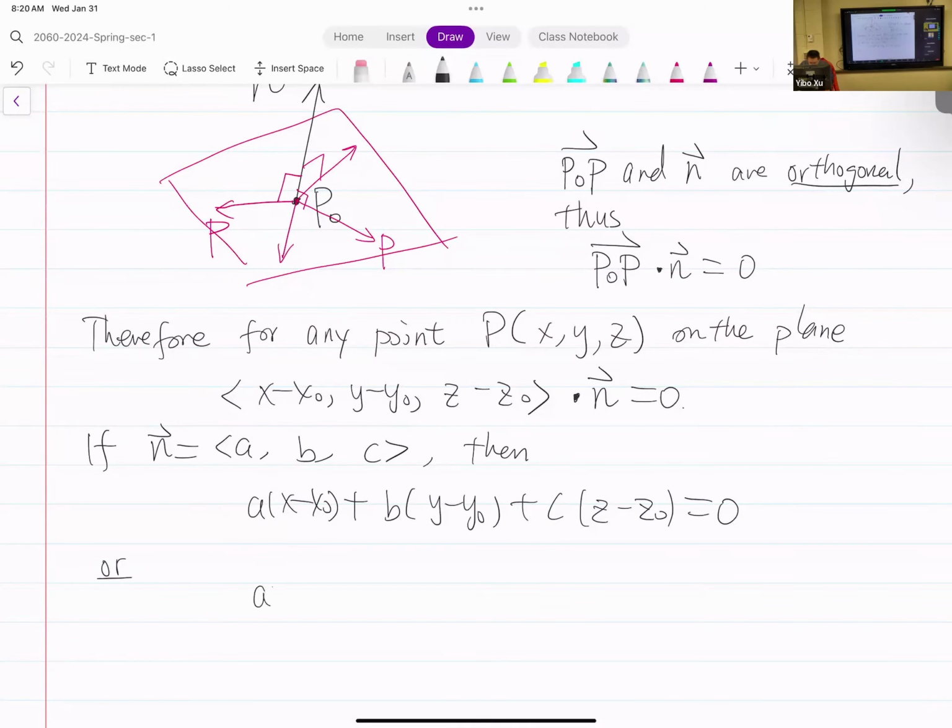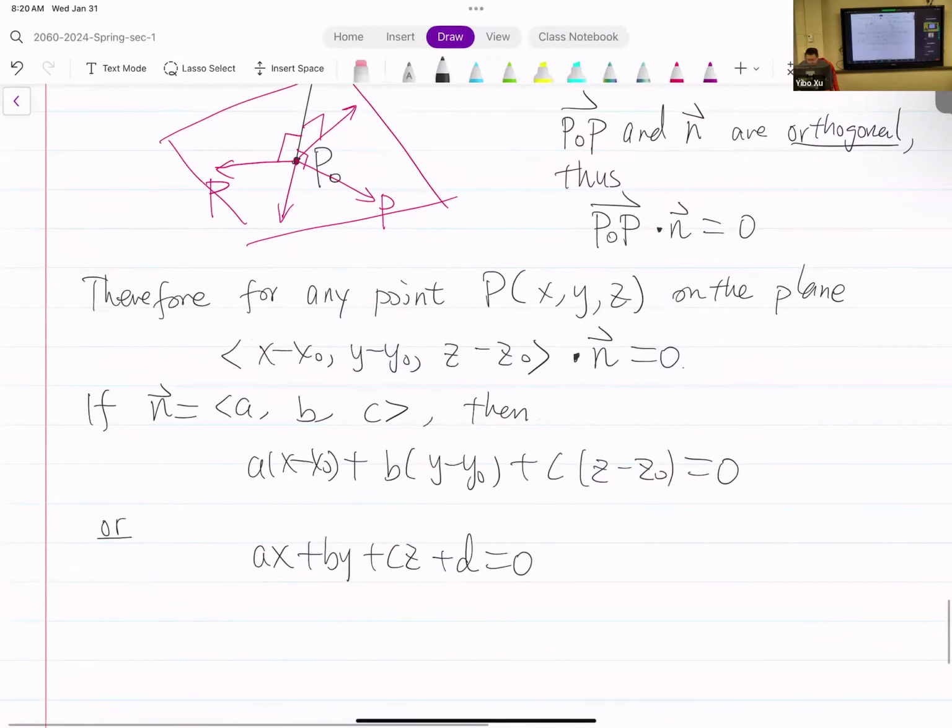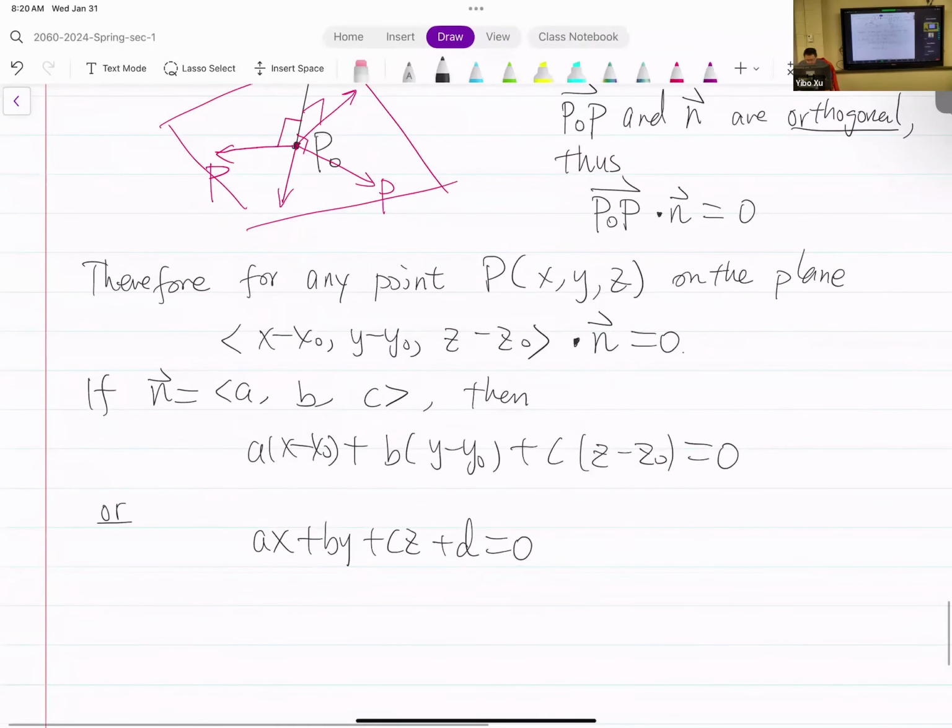You can have something like ax plus by plus cz plus some constant d. Now that d is just the combined copy of all the constants, where d is negative ax0, negative by0, negative cz0.